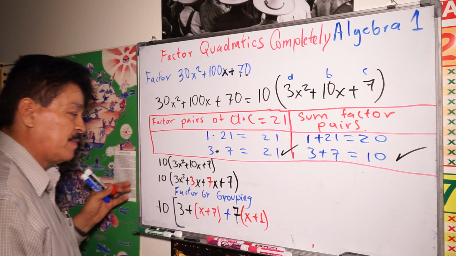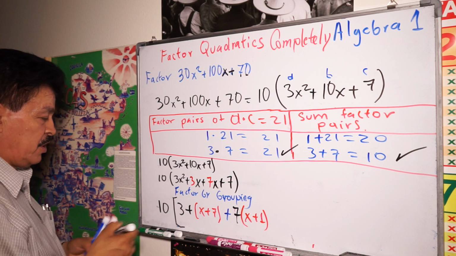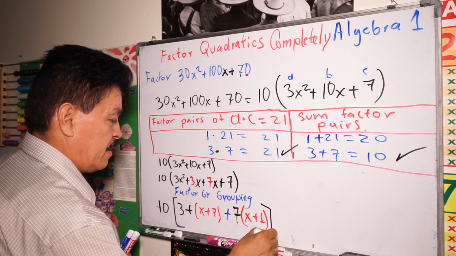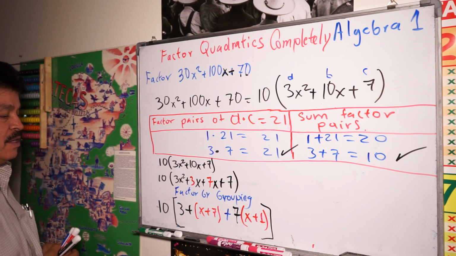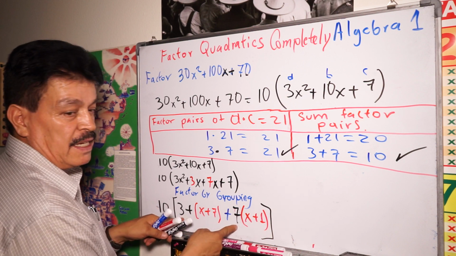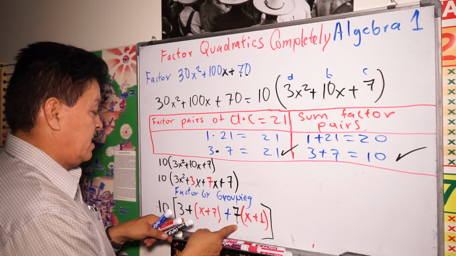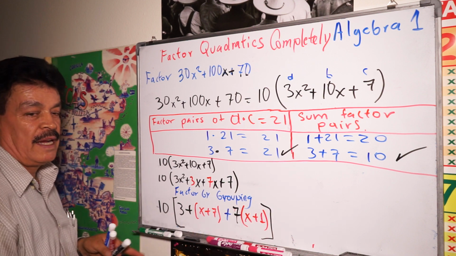Close the parentheses. Now you simplify all of this, you have 3x plus 7 right here.